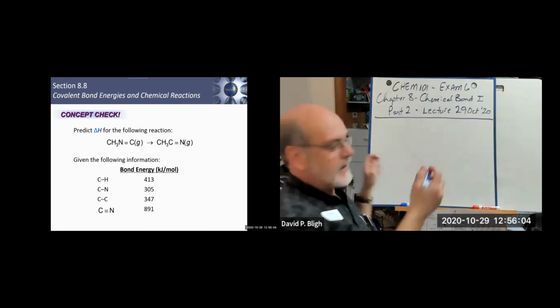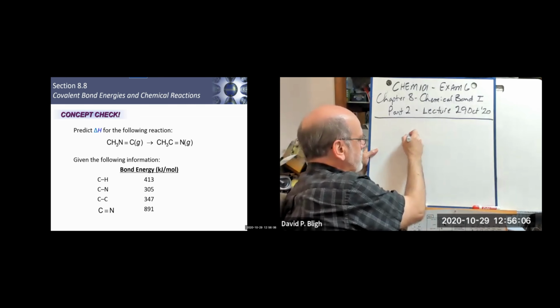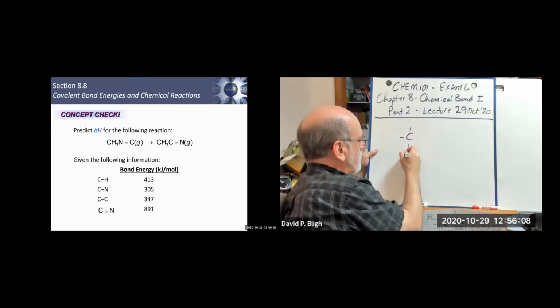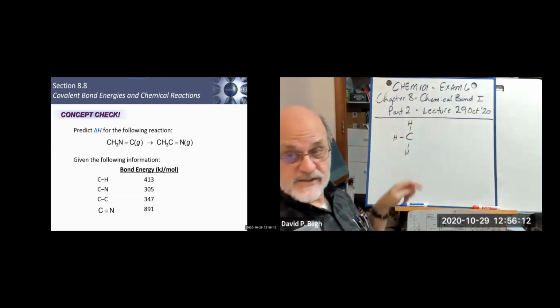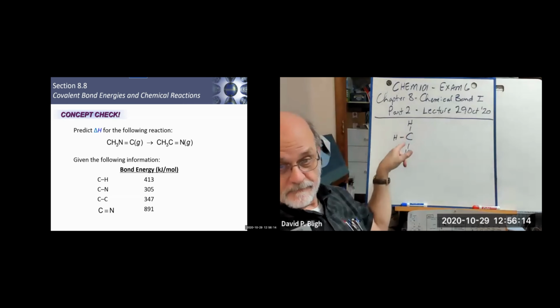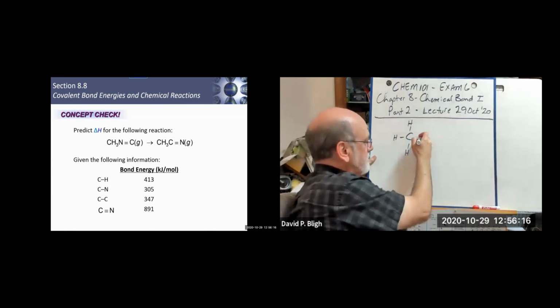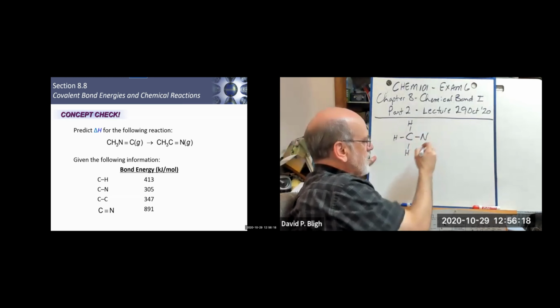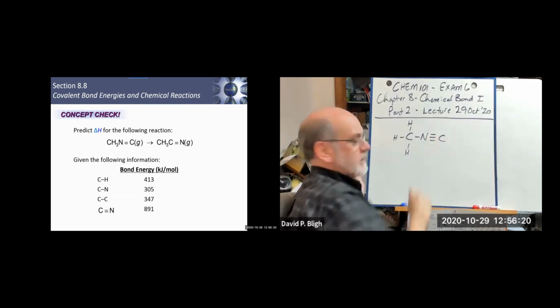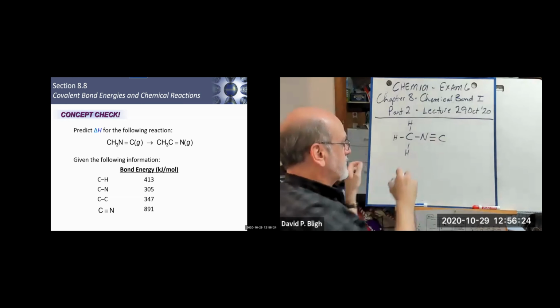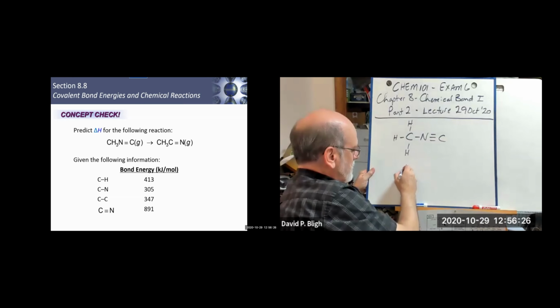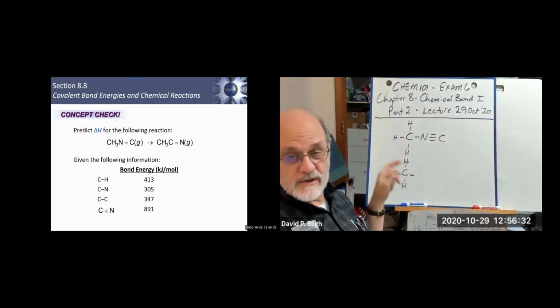On the reactant side, we have carbon. That's the CH3 right there. And it's bound to nitrogen. And then nitrogen is bound to carbon. So that's the reactant. Now the product is that, only this time it's bound to carbon.